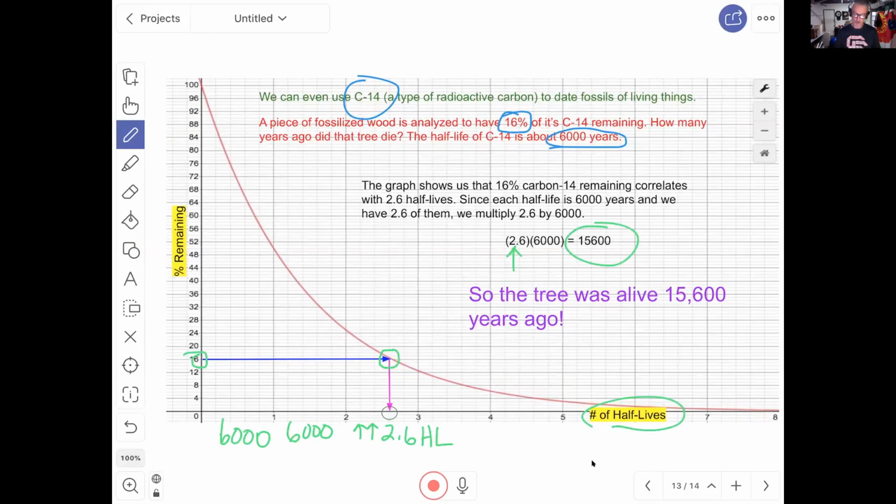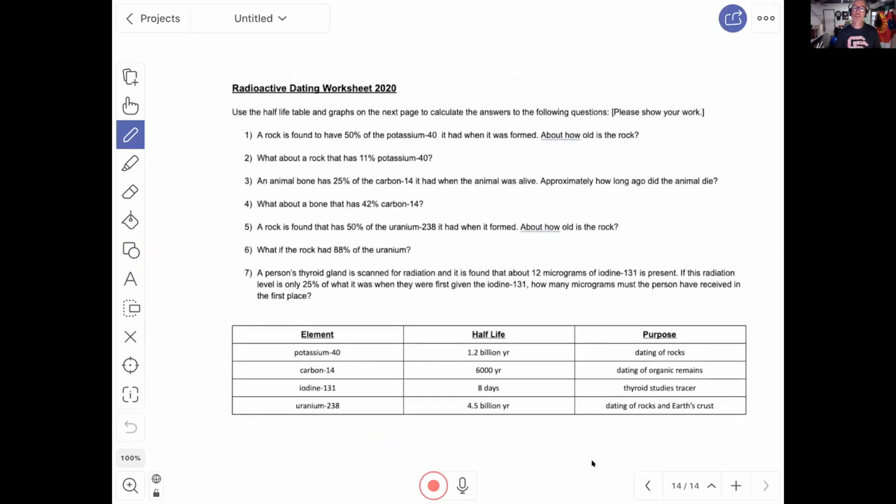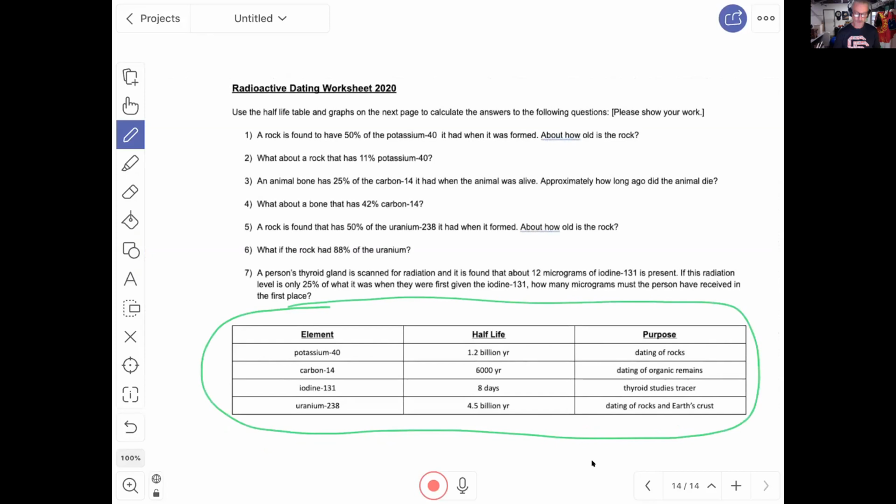Okay, so this is what we're going to do. I would like you to try your best to work these 7 problems. And I have given you what you need on the bottom here for 4 different radioactive elements. We've already used carbon-14 and uranium-238.